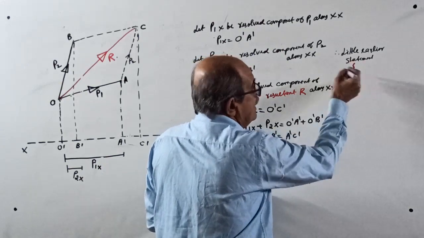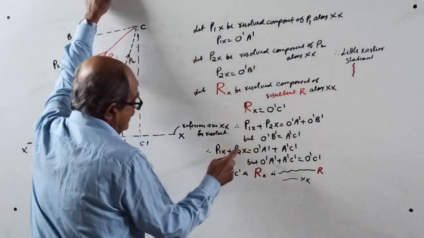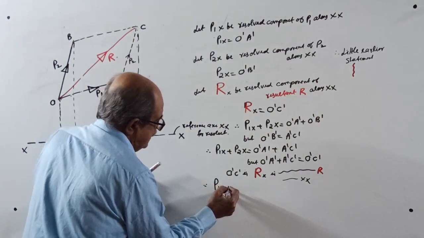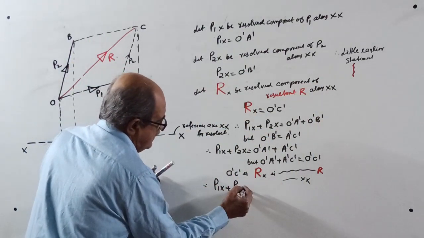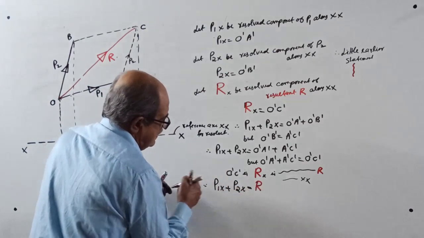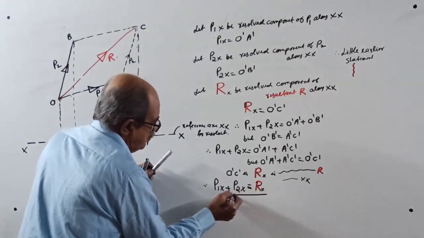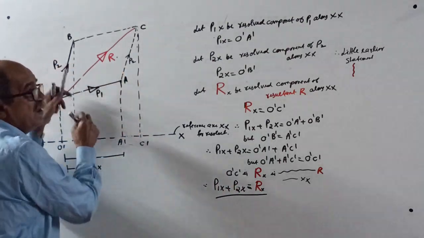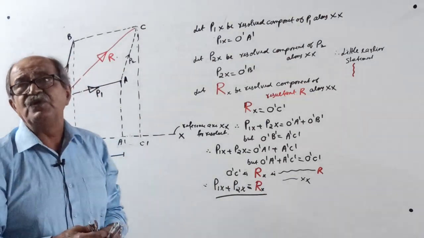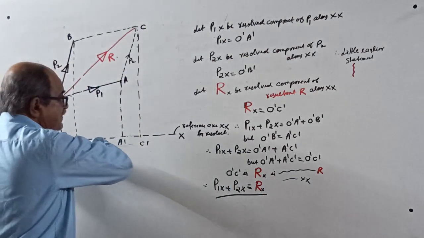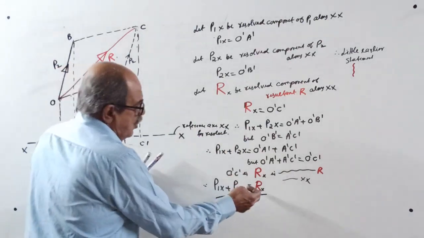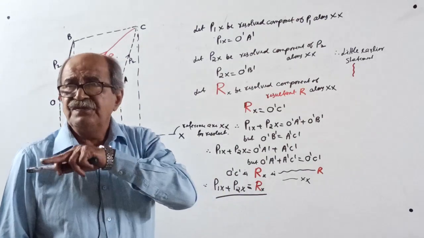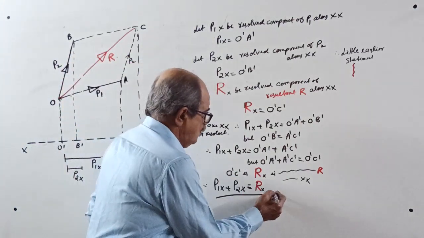Finally, what you got? You finally get P1x plus P2x equal to Rx. Over. Proved. So the theorem is proved.